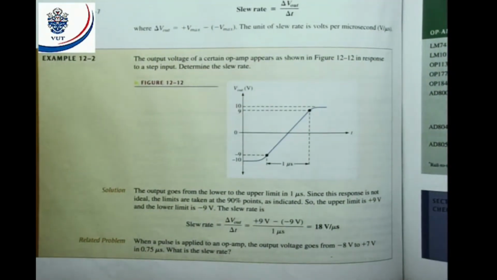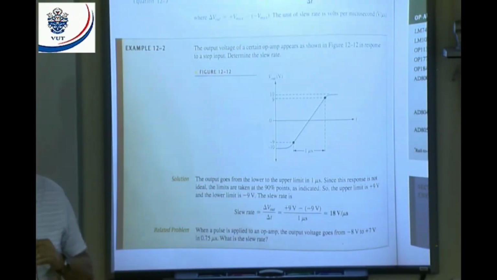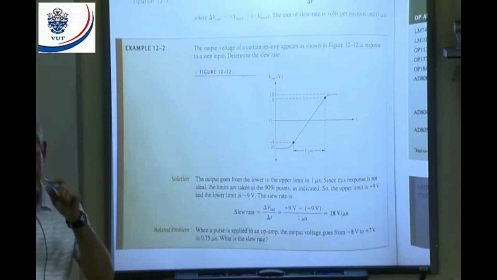Example 12.2. They state the input voltage of a certain op-amp appears as shown in figure 12.12 in response to a step input. Determine the slew rate. Now, on your oscilloscopes, previously, we had 0% and 100% on the screen.